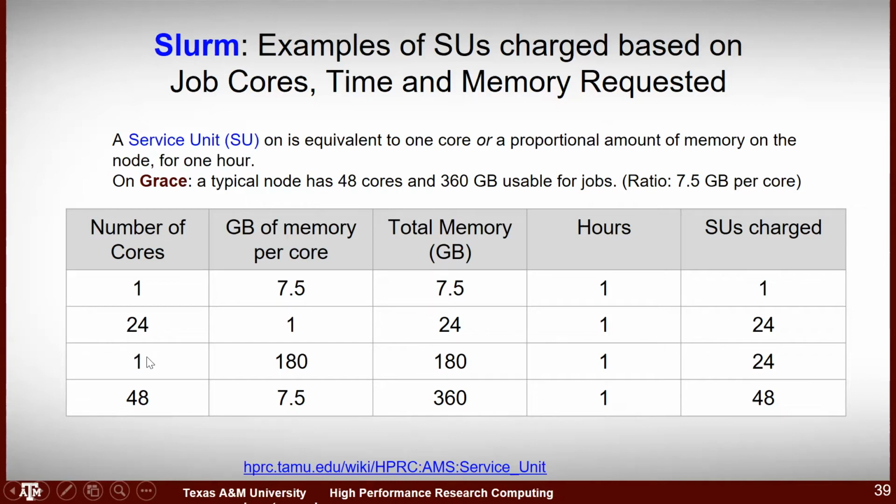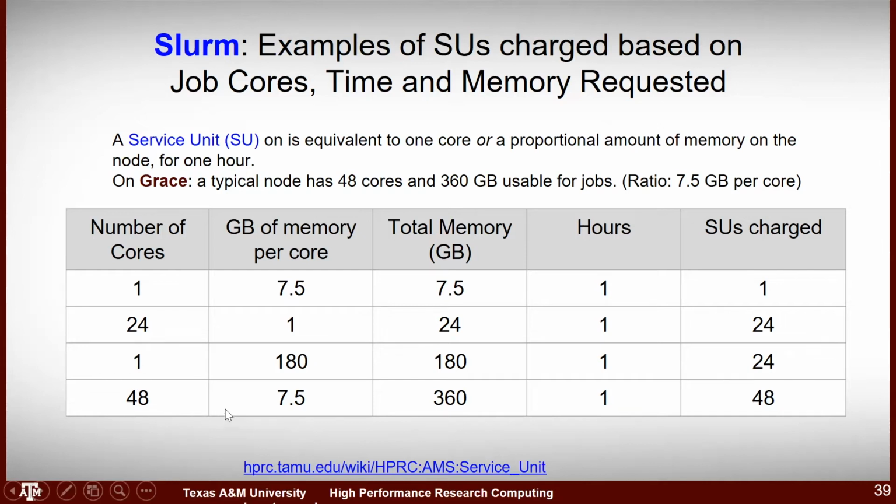Now on the third row, we have requesting one core and 180 gigabytes of memory. That's half of this node. So you'll be charged for half of the node, which is equivalent to 24 cores. Even though you're only using one core, you'll be charged for half of the node. So that's a 24 service unit charge for that request.